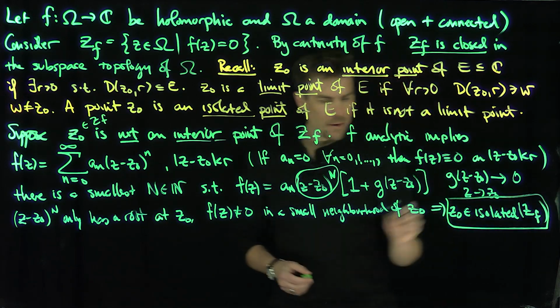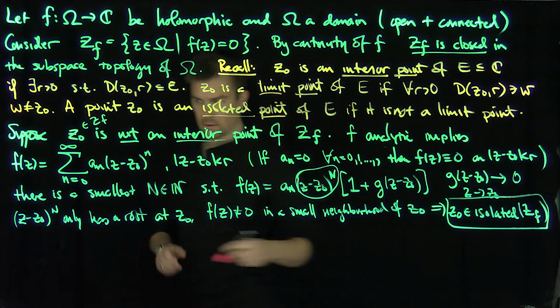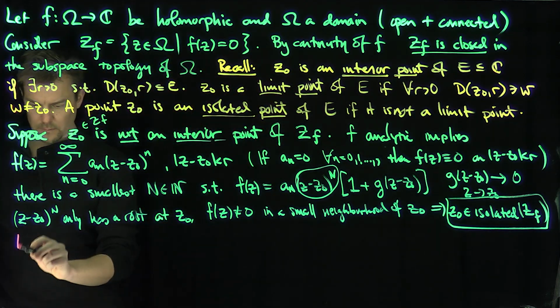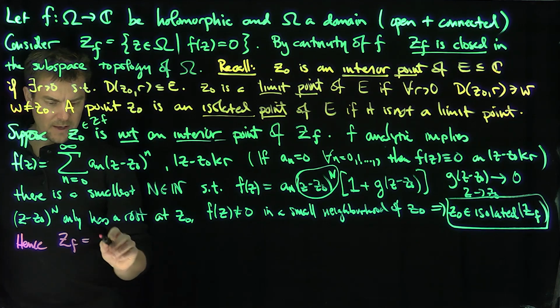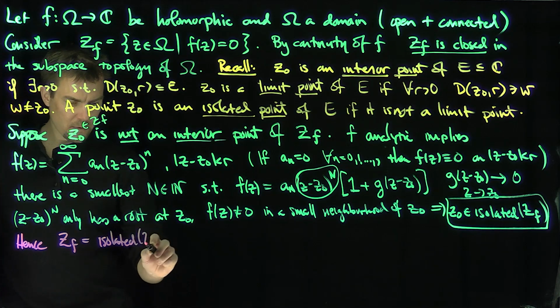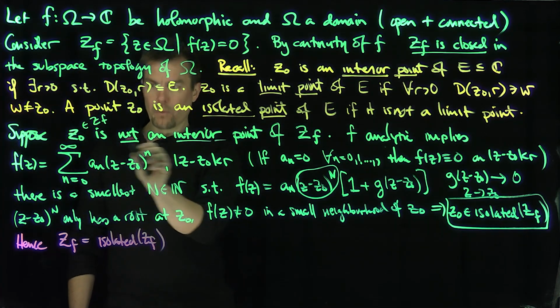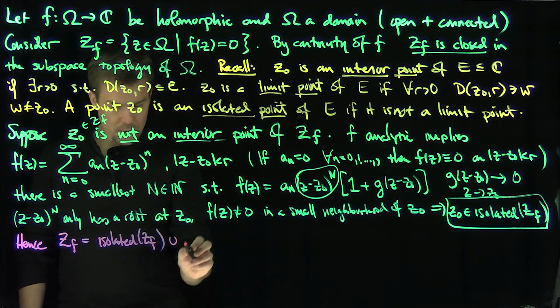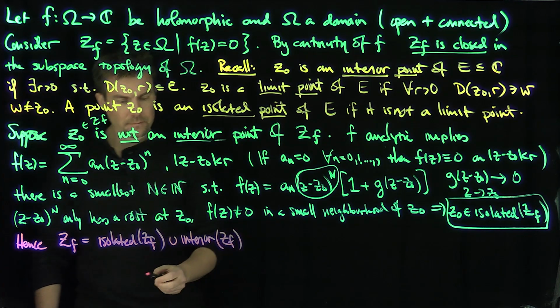Okay, so now we have two cases. Hence, the zero set is the set of isolated points of Z_f, or you're an interior point of Z_f.